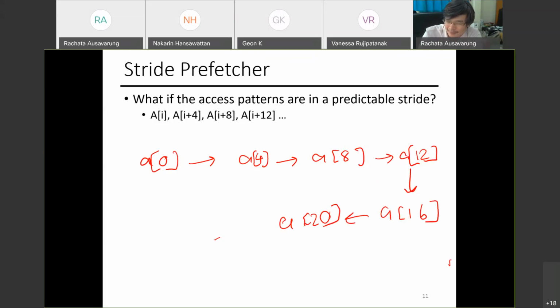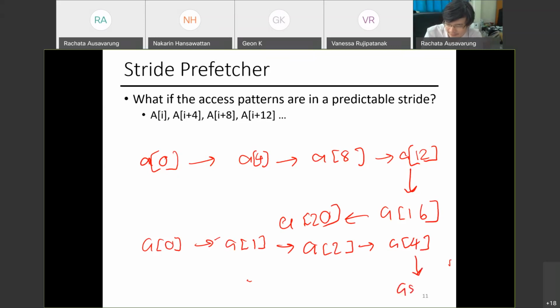So how about this? What if I do A0, A1, A2, A4, A8, right? A16, A32, right? Both of these have patterns, right? Based on the index.